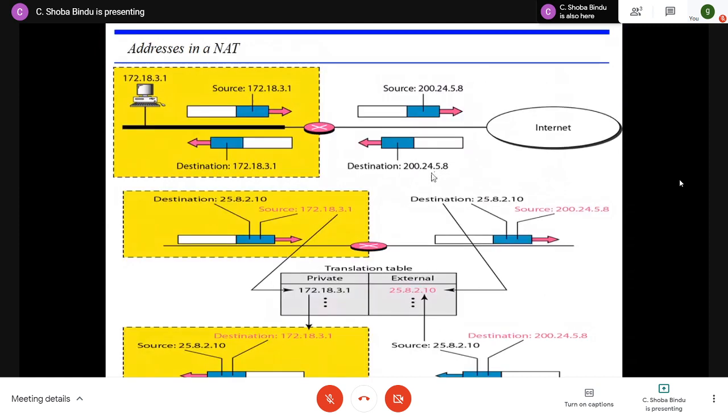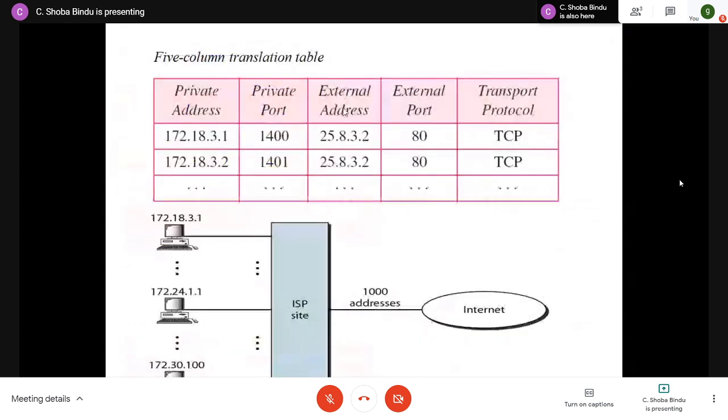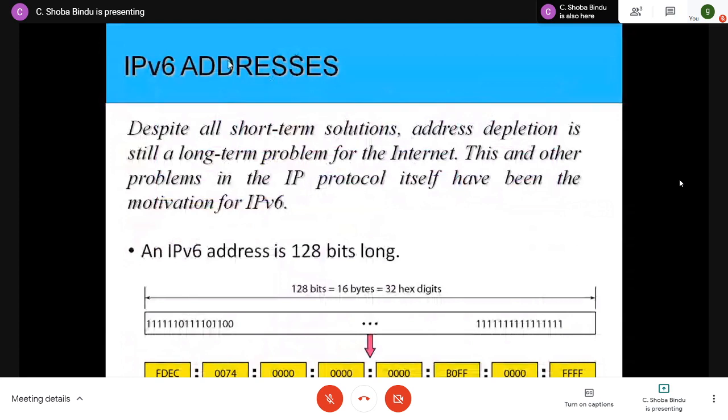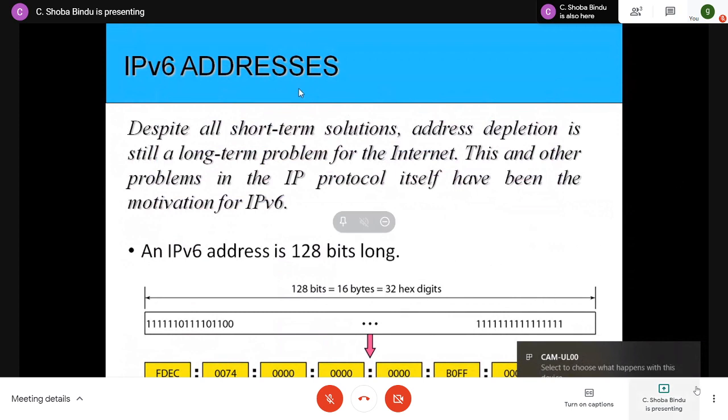This reduces the address depletion problem, but that is not the perfect solution. The perfect solution is to increase the size of the IP address. The next IP address version being used is IP version 6.